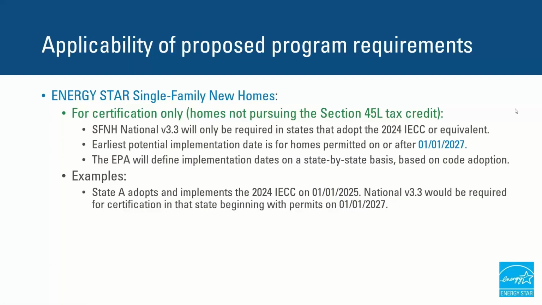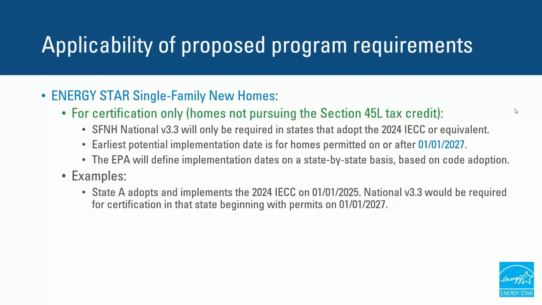So for single family new homes, we want to distinguish between homes that are pursuing just certification alone. So they want to put the label on the house. Maybe they're doing that for local utility incentives. Maybe they're doing that for corporate environmental goals. Maybe they're doing that for marketing reasons. So they're not pursuing the tax credit. They just want to put the label on the house like, you know, most builders have been doing the past 20, 25 years.